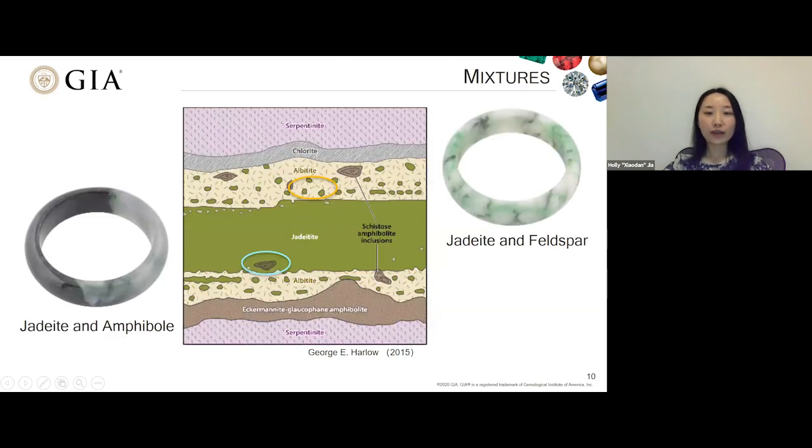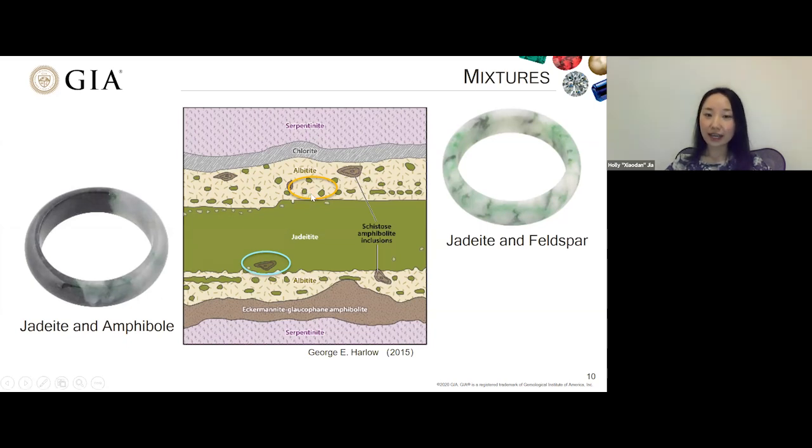So jadeite can also coexist with many other types of minerals, as Dr. Harlow has mentioned. So if a rock contains too many additional components other than jadeite, then it should not be considered as a jadeite jade anymore. For example, albite is a type of feldspar.